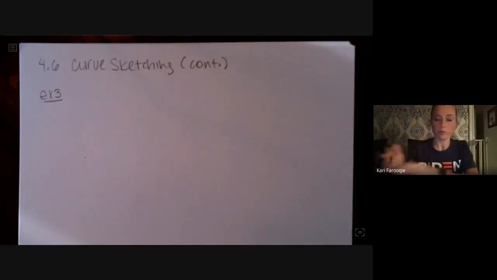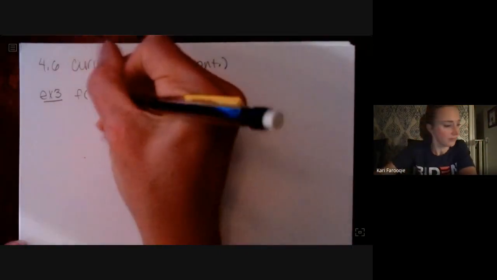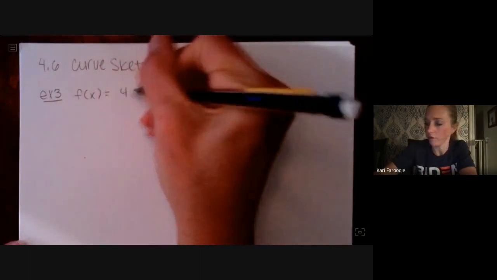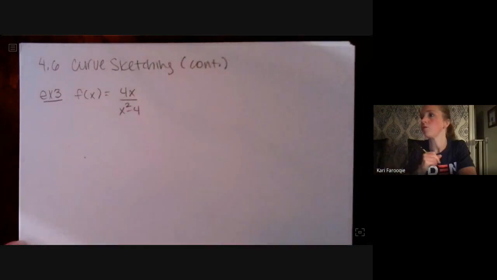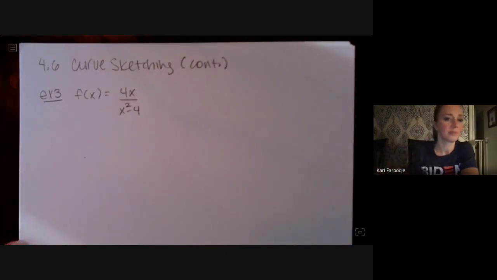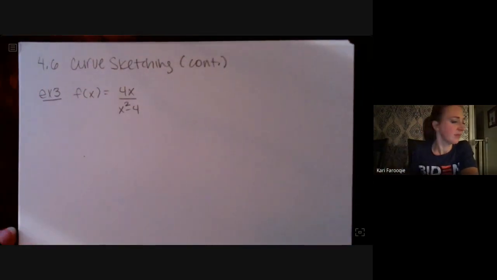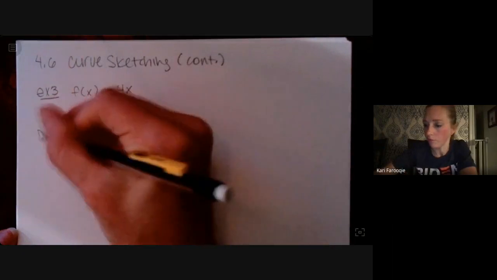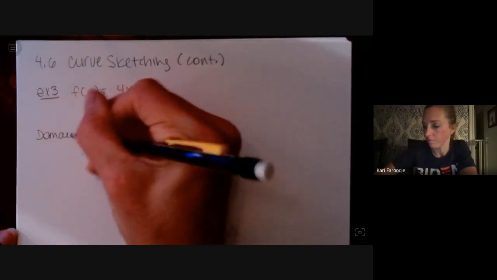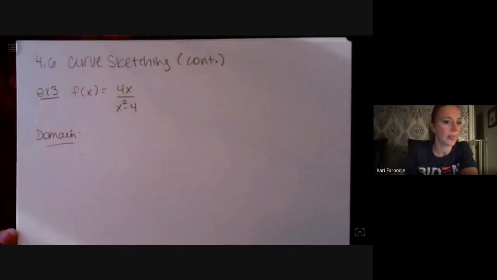All right, so here we go. Example 3, f of x equals 4x divided by x squared minus 4. Remember we have a list of things that we're looking for here, and the first thing we're going to do is find the domain. We're looking for values that are going to make the denominator 0.